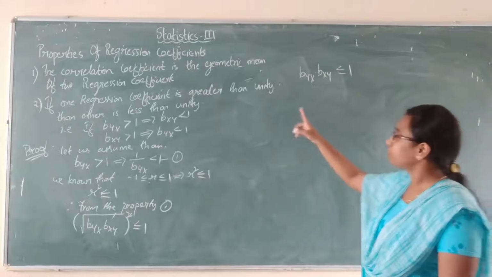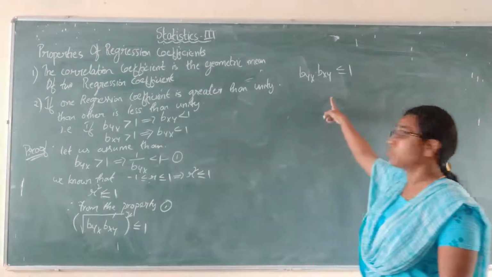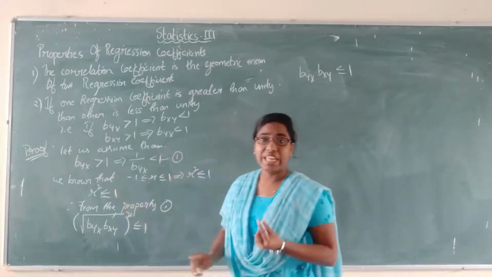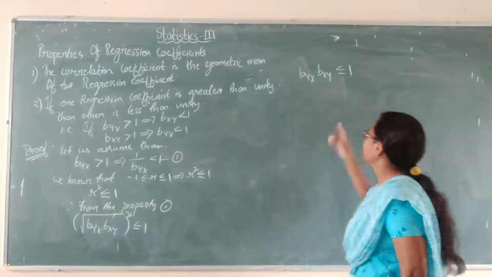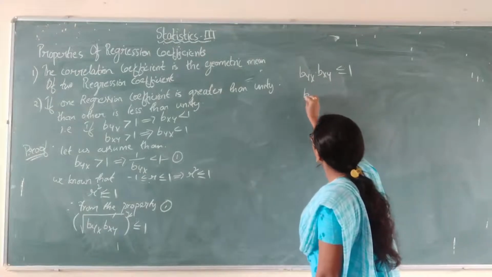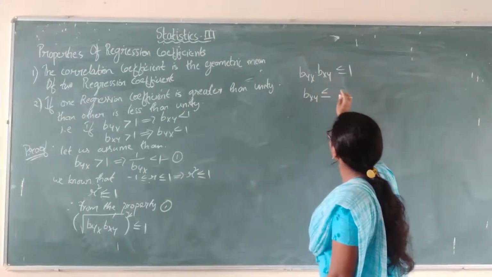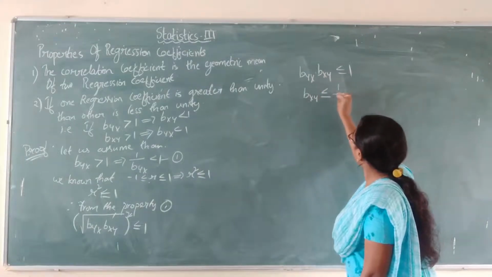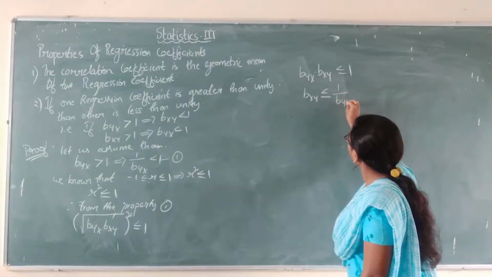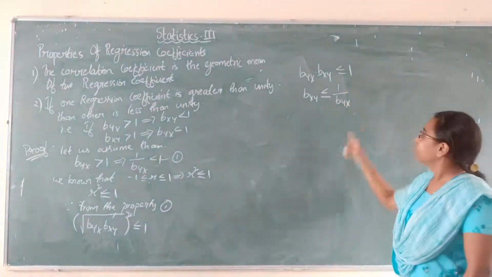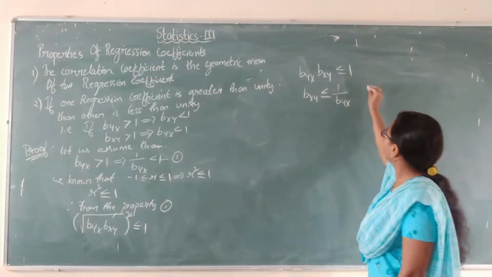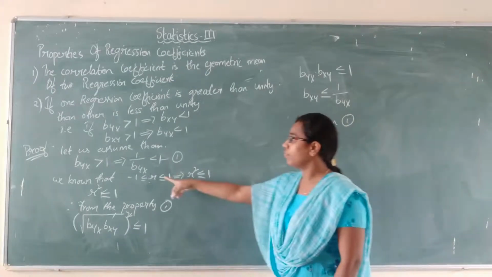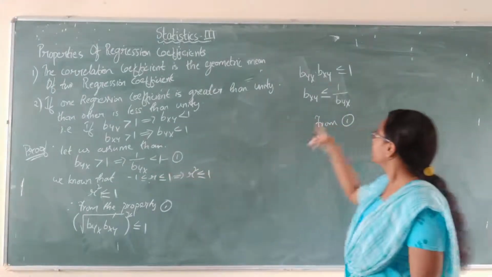So now we have to prove that Bxy is less than 1. Here we have considered Byx is greater than 1. So Bxy is less than or equal to, sending Byx to that side, 1 by Byx. Now from equation 1, we know that 1 by Byx is less than 1.